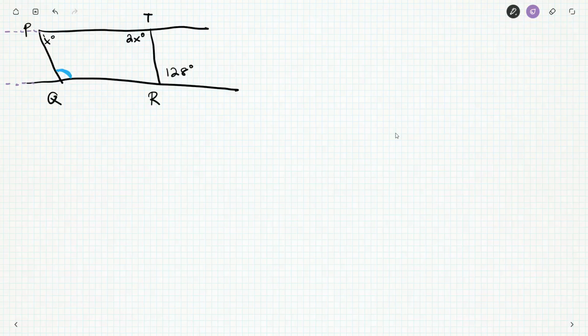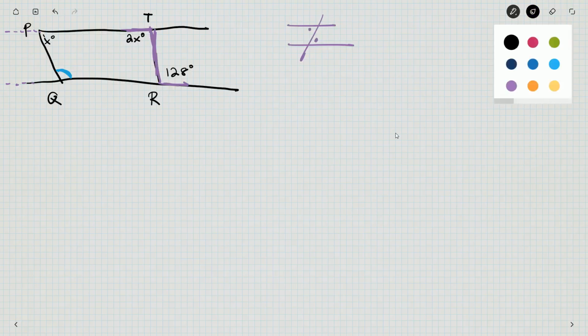For example, there's a very well-known Z theorem. It says if you have parallel lines crossed by a transverse line, the result is that these angles, sort of in the corners of the Z, are equal. So I know this 128 has got to be equal to 2x.